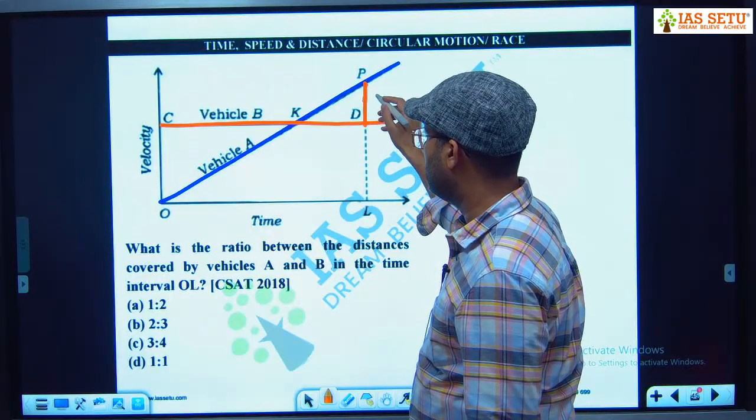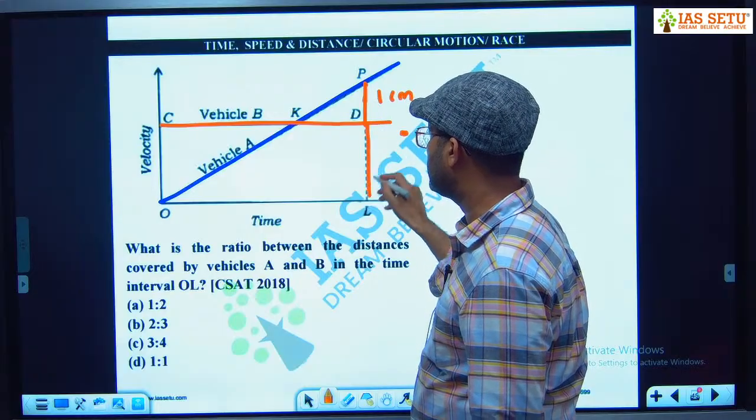This is half. मतलब अगर ये 1 सेंटीमीटर है, it is 2 सेंटीमीटर.